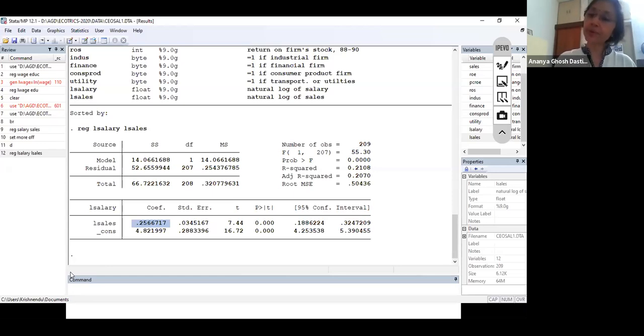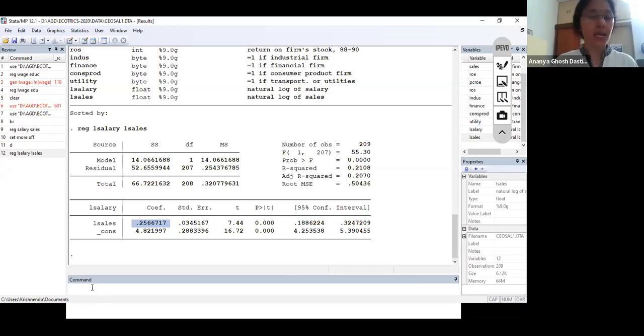You will just say that a 1% increase in sales is associated with a 0.25% increase in CEO salary. The beta hat itself is a percentage in a log model. So, repeat: a 1% increase in sales, because sales is in log form, leads to a 0.25% increase in CEO salaries. That's how you interpret the result from this model.